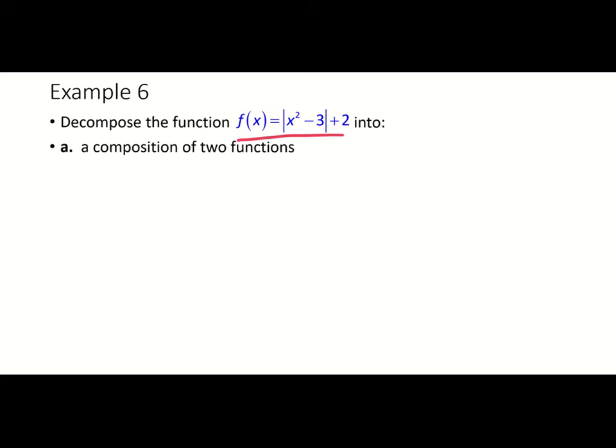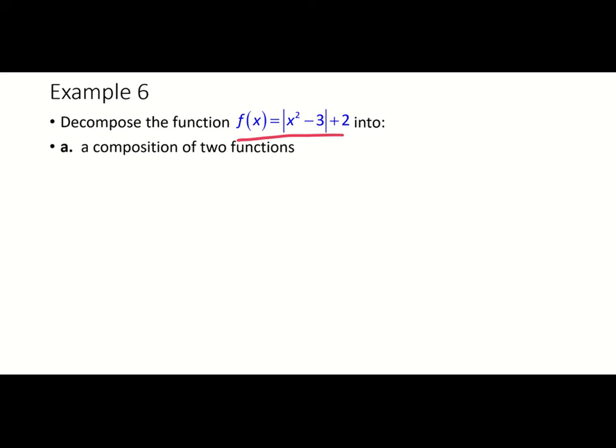So here, what I could do is, if I want to break it up into two functions, I'm going to take a look at this equation. We have the absolute value of x squared minus 3, plus 2. So we're going to need like an x or something.